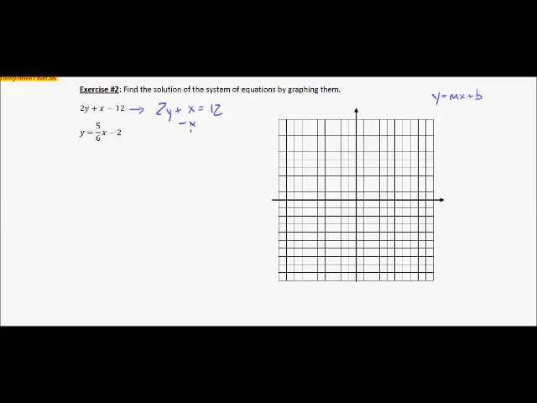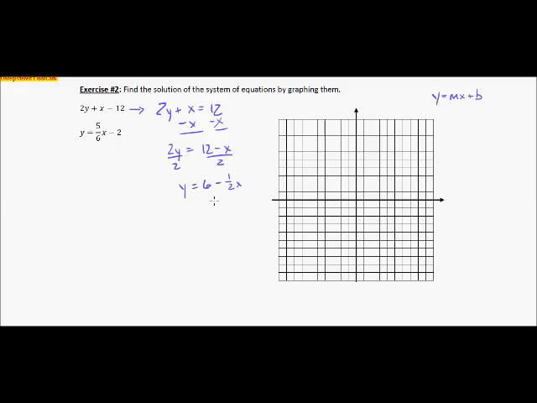So we're going to take away x on both sides, because I need to get y by itself. Okay, and we're going to divide by a 2 on both sides. So I'm going to get 12 divided by 2 is 6. And remember, that's a little negative 1 right there, so that's negative 1/2 x.